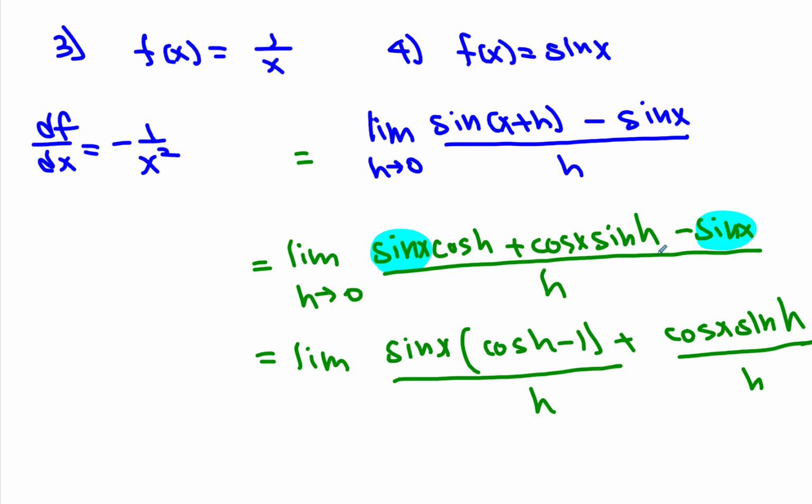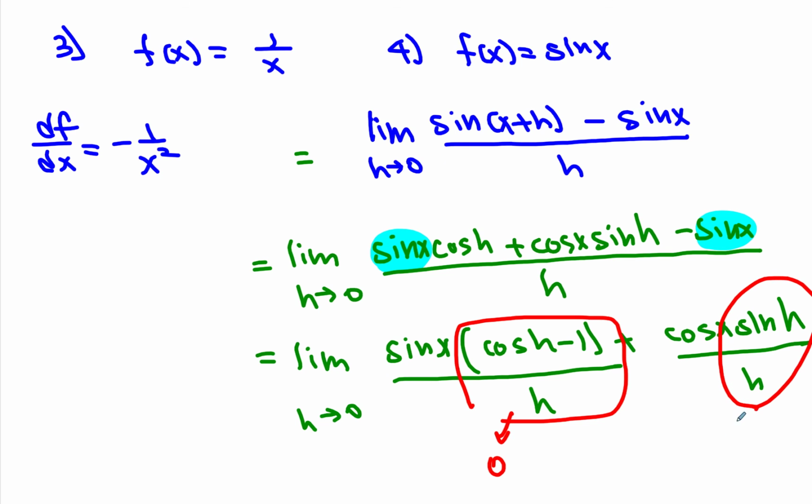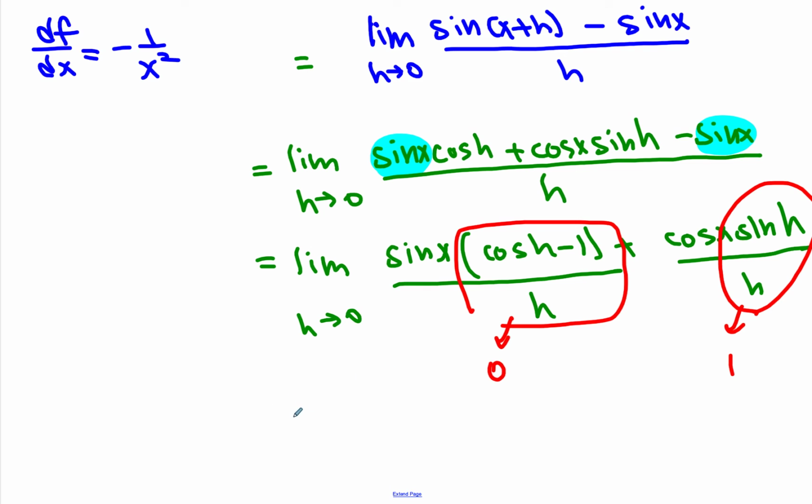I just split it into two different sections. That's h approaching 0. And you get to realize that as h approaching 0, this expression, in fact, becomes 0. And you can sketch that with your graphing calculator. And then, in this case, sine of h over h, this one becomes 1. So therefore, our final answer becomes simply cosine of x.